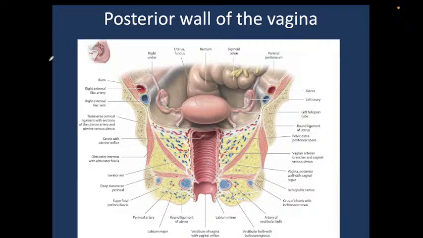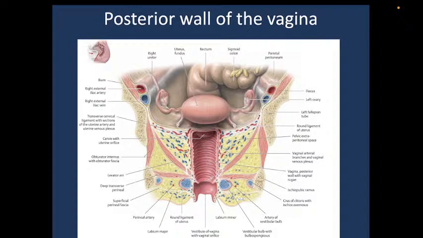Here you see the posterior wall of the vagina, and the anterior wall is usually shorter than the posterior. The difference is about 2 centimeters.